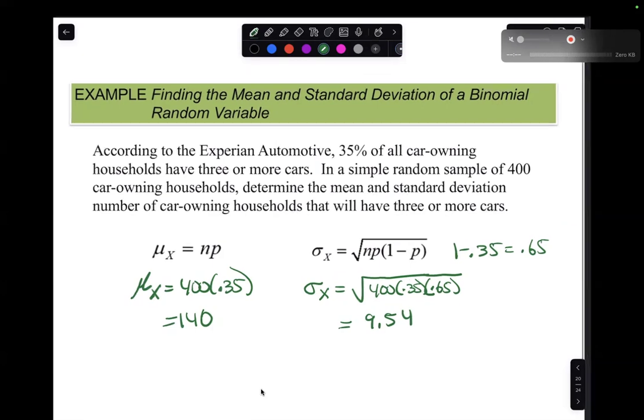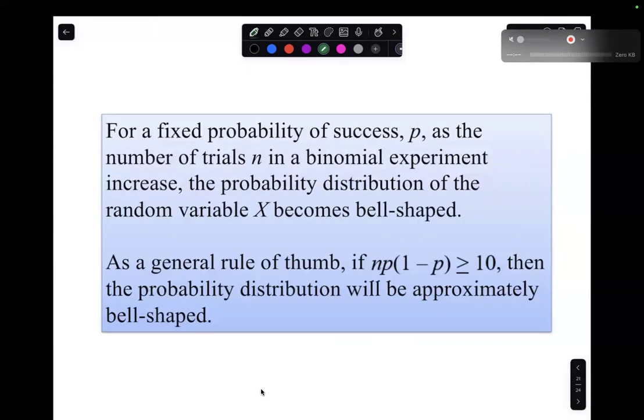All right, let's put this to use. This is important. And I know this doesn't seem important, but this is important. You're going to be asked this. I believe on your next quiz, you are asked this question. For a fixed probability of success, as the number of trials increases, the probability distribution becomes more bell-shaped.